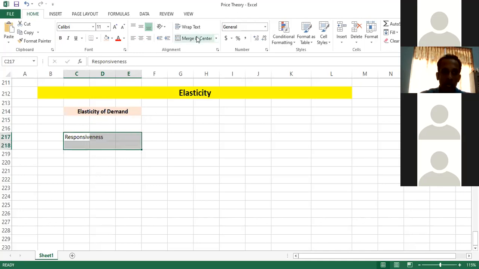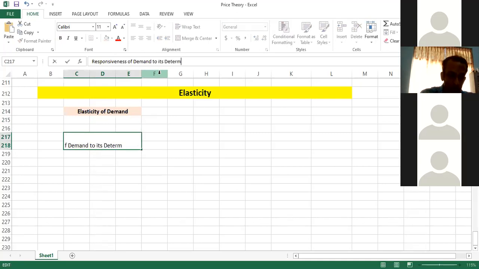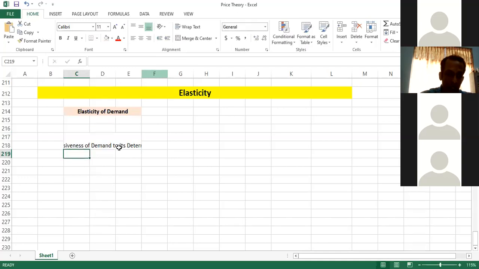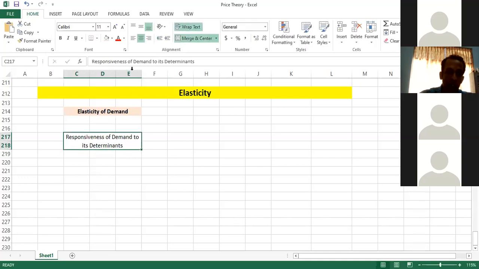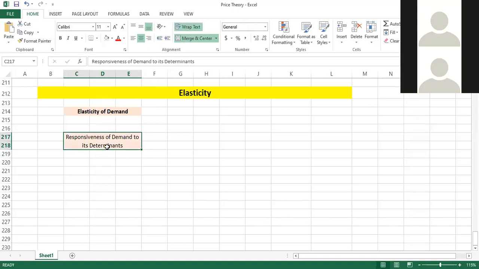So elasticity of demand means the responsiveness of demand to the factors affecting it, in other words, to its determinants.